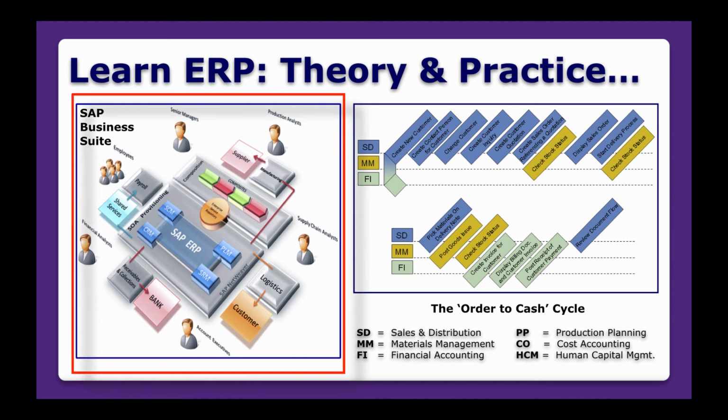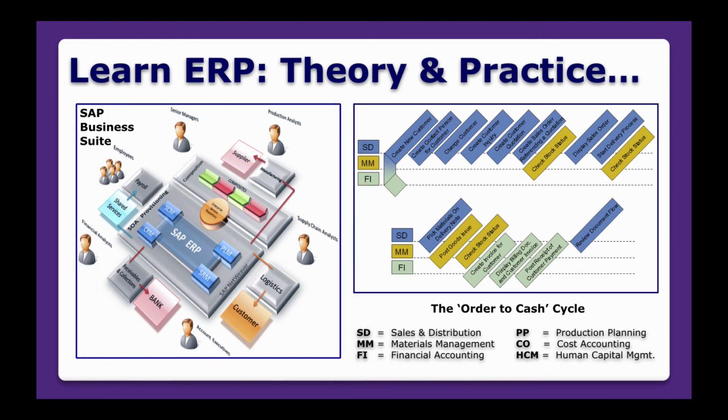On the left here, we're going to look at ERP theory and practice, and on this left diagram you can see a kind of outline view of SAP Business Suite. So this is the top of the range corporate ERP system that a lot of companies have.